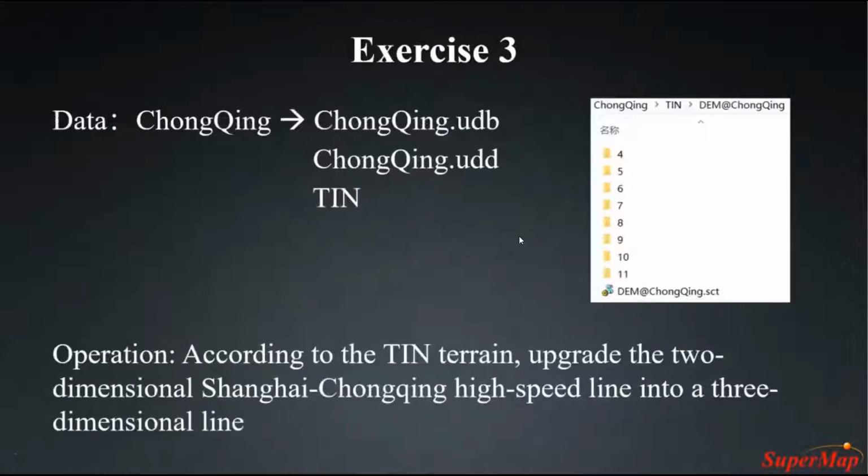I will use terrain data as an example to extract the 3D line. So we could use Chongqing.udb, and then let's open our desktop.